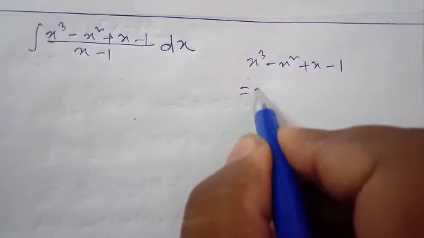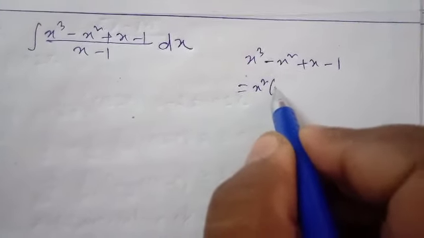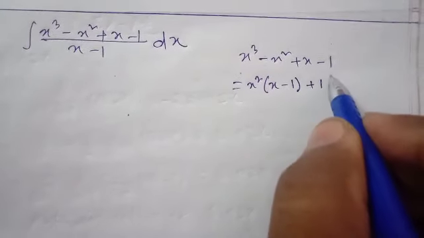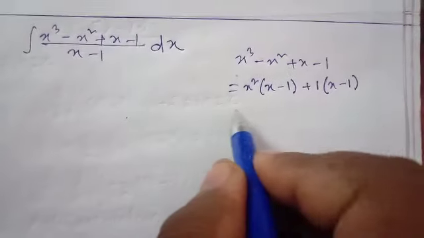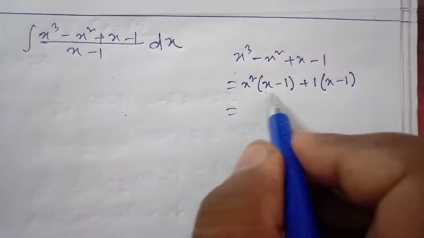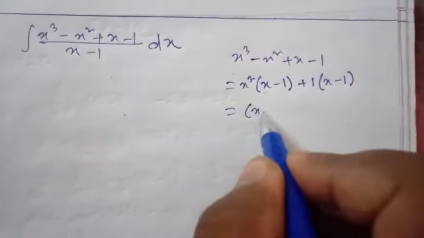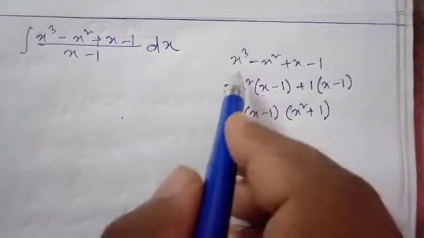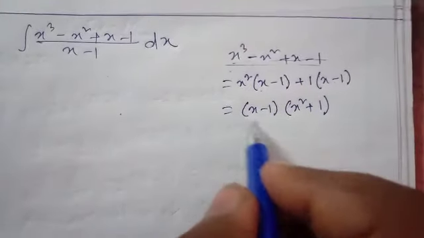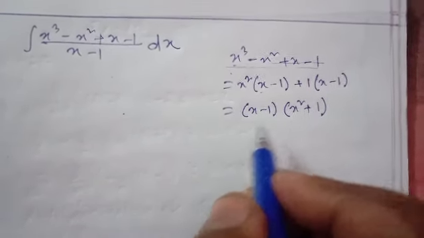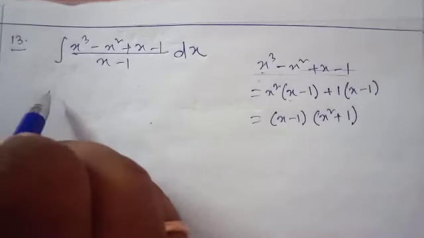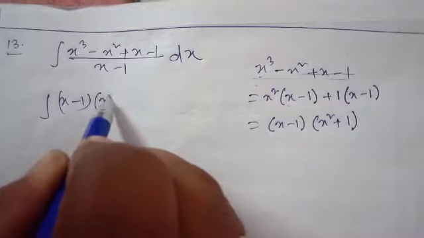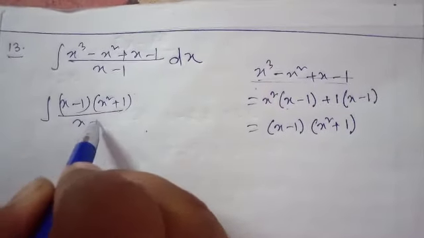First you take common x square from the first two, remaining x minus 1, plus here you can take 1 as common, x minus 1. So here you see from both, common is x minus 1, you write it, and here remaining x square plus 1. So this one you can write it as x minus 1 into x square plus 1. So you write it, x minus 1 into x square plus 1 by x minus 1.